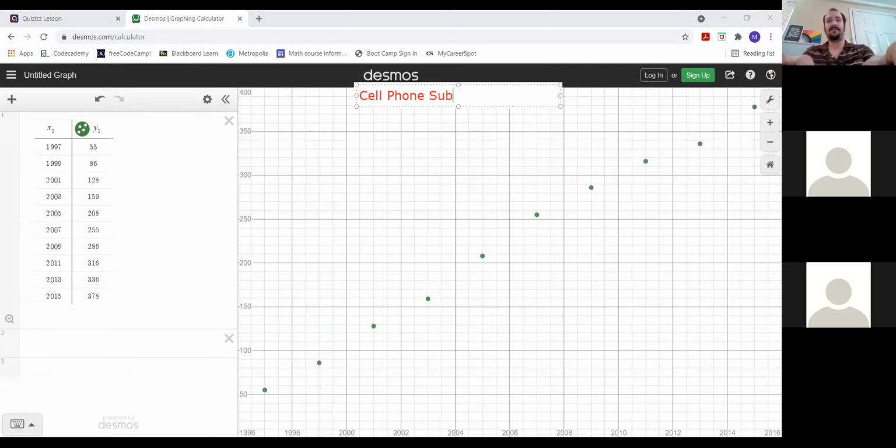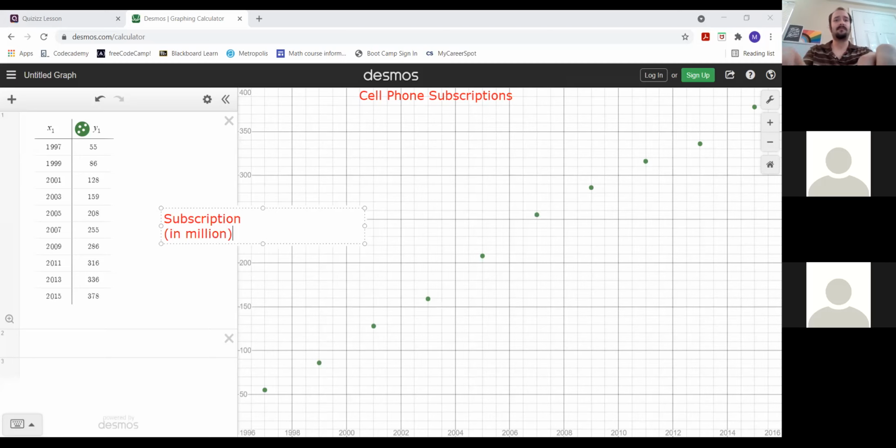Cell phone subscriptions. So I should really put my labels in here. This is my cell phone subscriptions in millions. And this is the year down here. I don't have room down underneath it, but pretend like I wrote this underneath it.